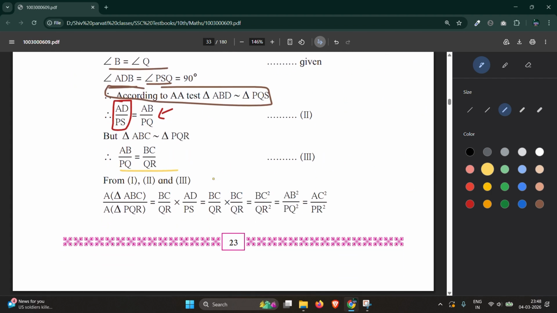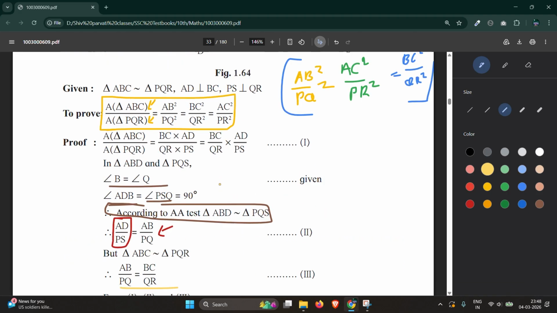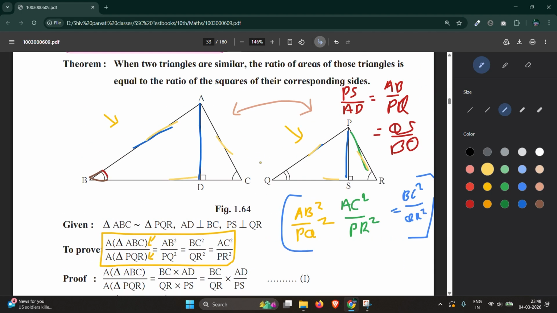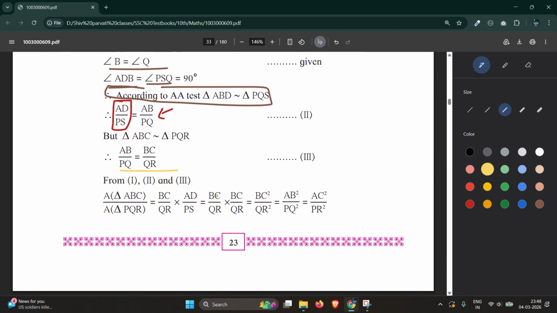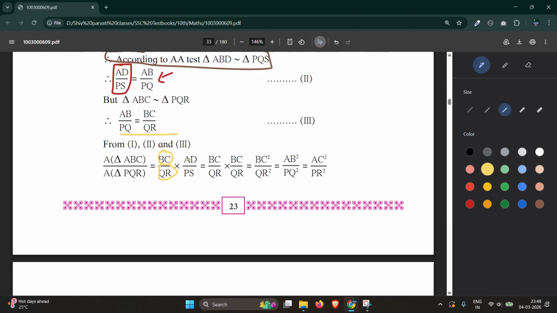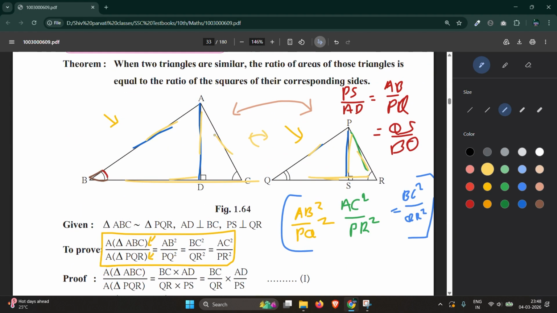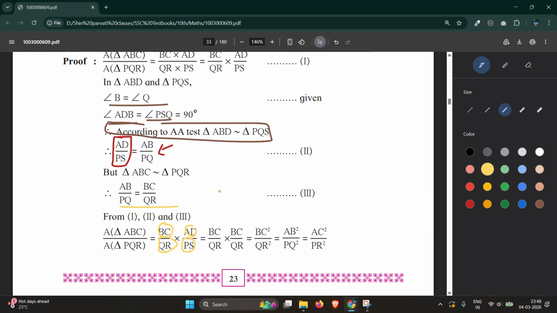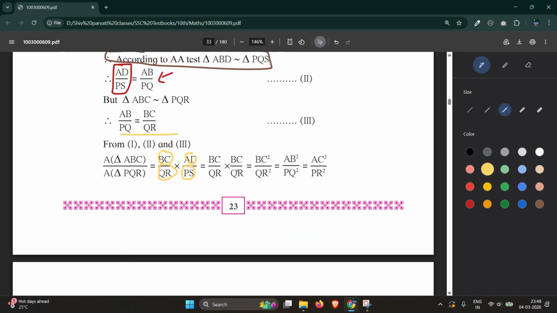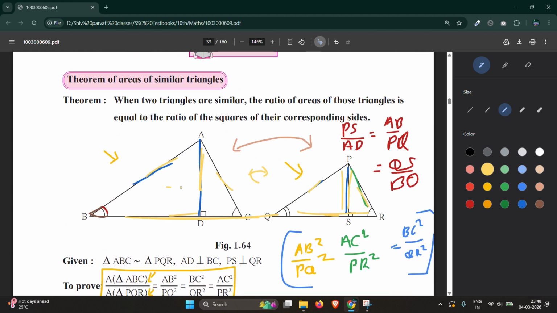And once we get that result, we can write the area of these triangles as just the base into height. So that is what we do. We write this as BC upon QR, that is the base, and AD upon PS, the height.